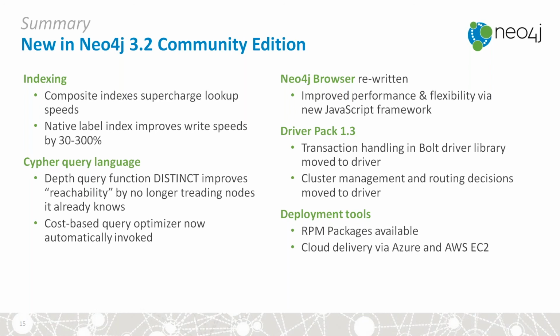Again, the developer doesn't need to know about how transactions are going to be handled within the application itself. They can leave that to the driver, and cluster management and routing decisions are also inside the drivers. And then on the deployment tools, RPM packages return as an option. It went on vacation for a release, and there's the cloud delivery that I mentioned earlier.